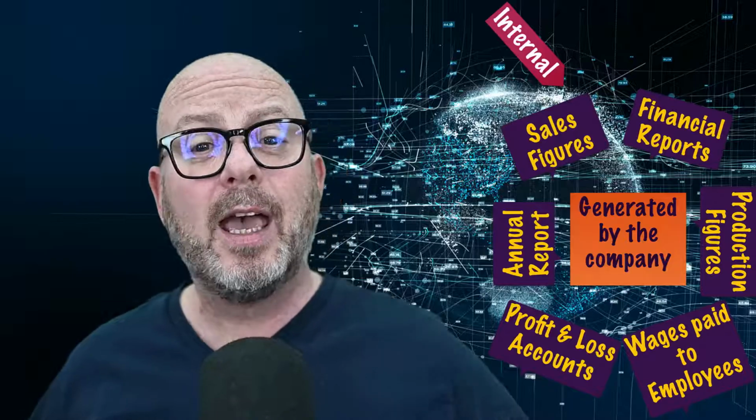Let's look at internal data and explore some examples of this particular data source. We already know that internal data is data generated by the company itself. Sales figures, financial reports, production figures, wages paid to employees, and profit and loss accounts all represent the lifeblood of any company's internal data.